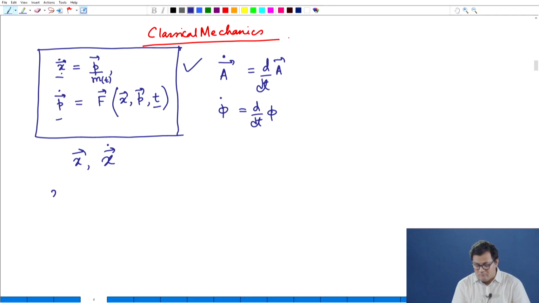Only when you know the form of x as a function of time can you take the total time derivative of x and get x dot. It looks like they depend on each other, so that if I know x, I also know x dot.